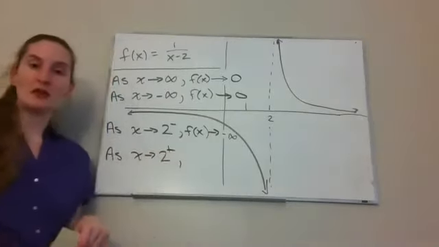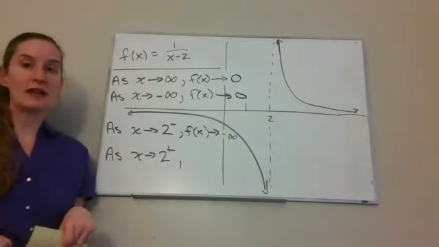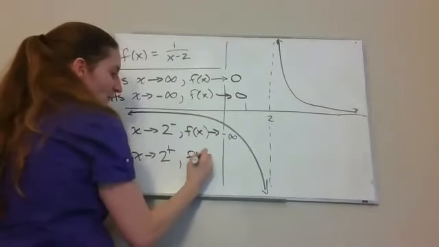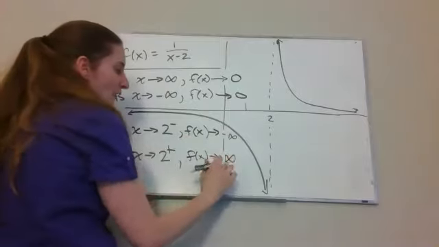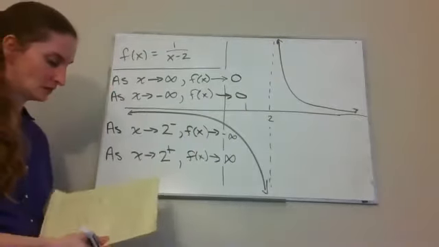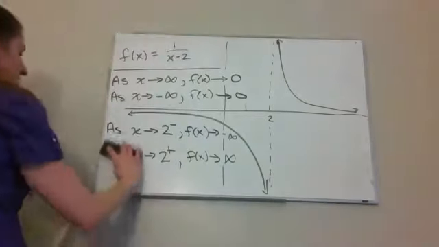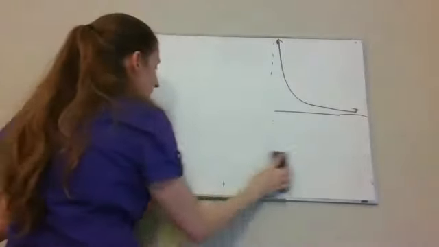Similarly, if I have the same notation but with a little plus up there, that's approaching 2 from the right side. So the plus means from the right. Then f of x is going to approach positive infinity because the graph is going up forever. We're going to use this notation in our definition for some of our asymptotes.